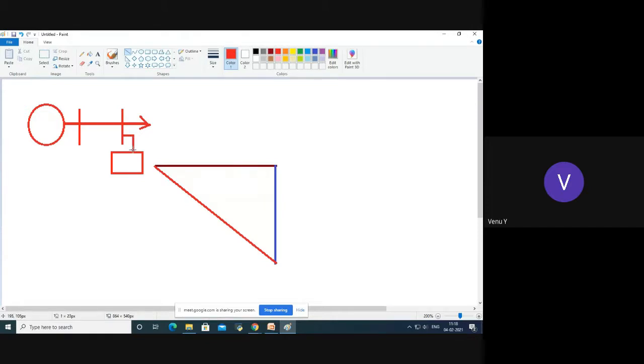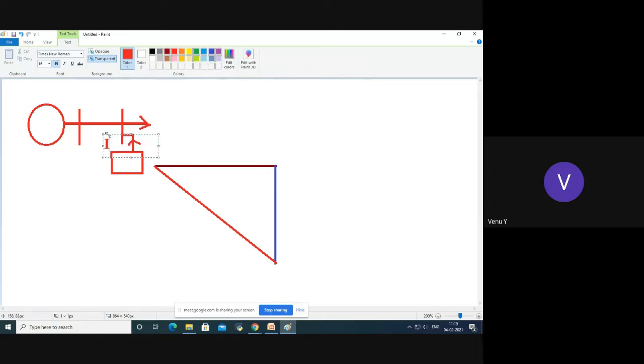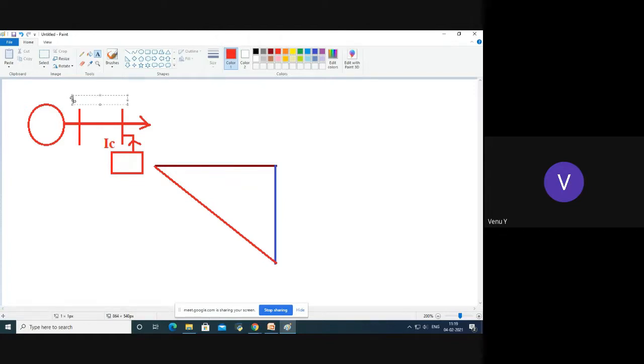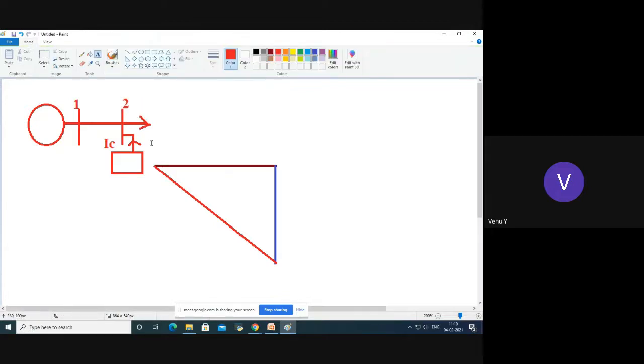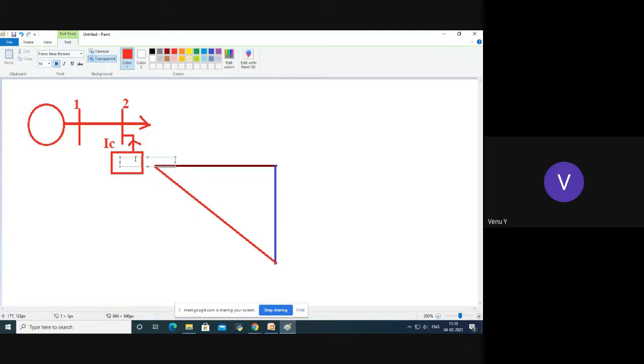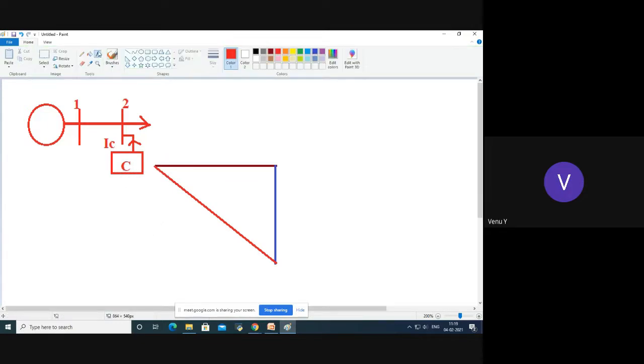So the current supplied by the compensator is IC. Now here it is bus number 1, bus number 2, this is compensator C.